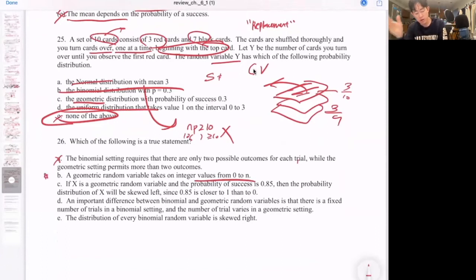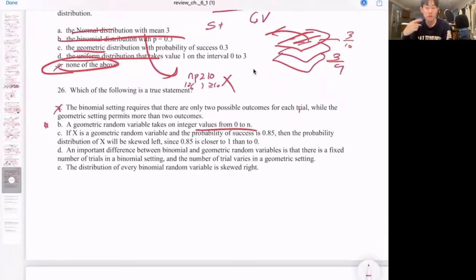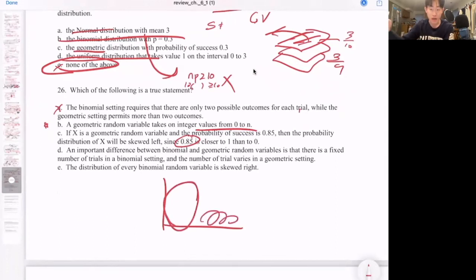If x is a geometric random variable and the probability of success is 0.85, the probability distribution of x will be skewed to the left, since 0.85 is closer to 1 than to 0. So what this means is that for geometric, if your probability of success is really high, the chance of picking a card in the very beginning is actually quite a bit higher than on the very end, because you keep on doing this until you get the successful trial.